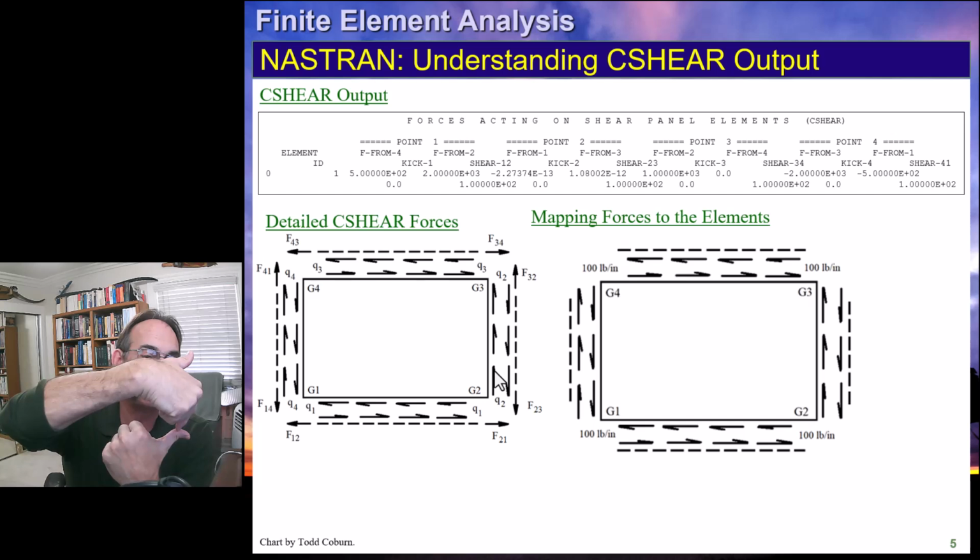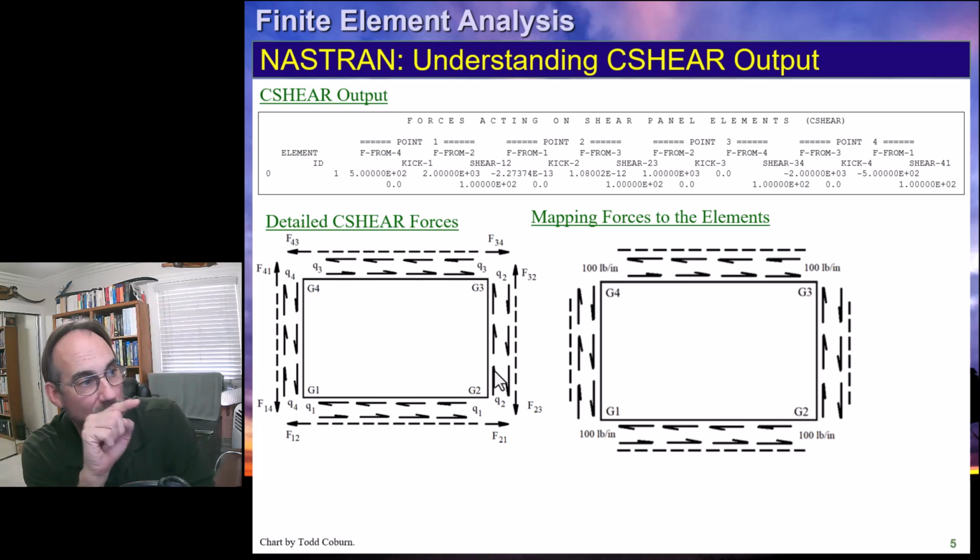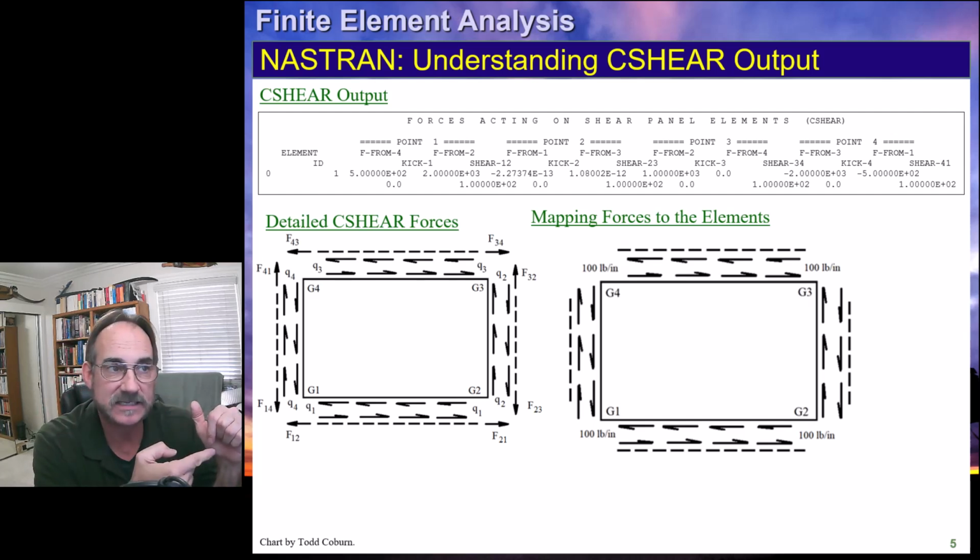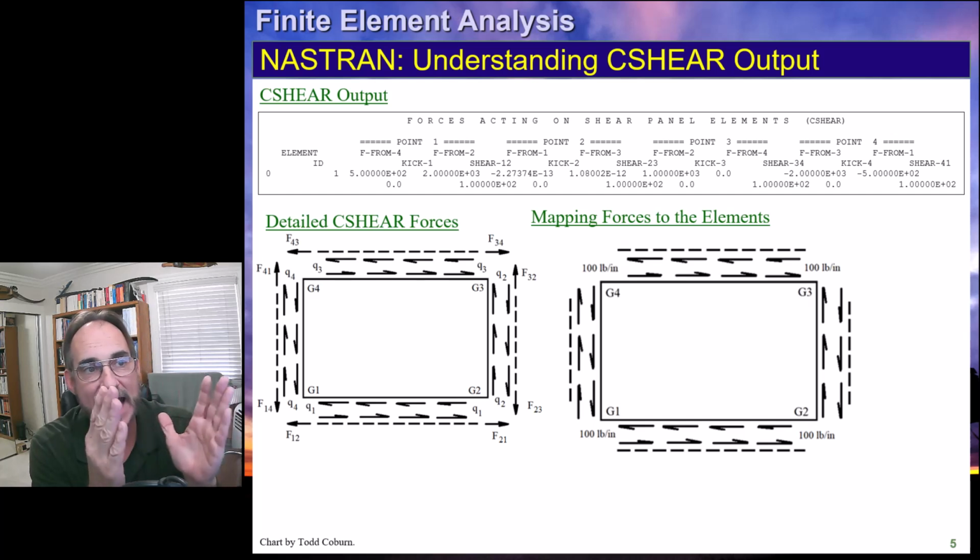And this one's going to be mouth to mouth up at the corner. You can see we've got grid point 1 mouth to mouth, grid point 3 mouth to mouth, grid points 2 and 4 toe to toe. So since our shear flow is defined as being positive, that defines the shear flow on the right face as up, the left face as down, the bottom face as left, and the upper face as right, as shown.